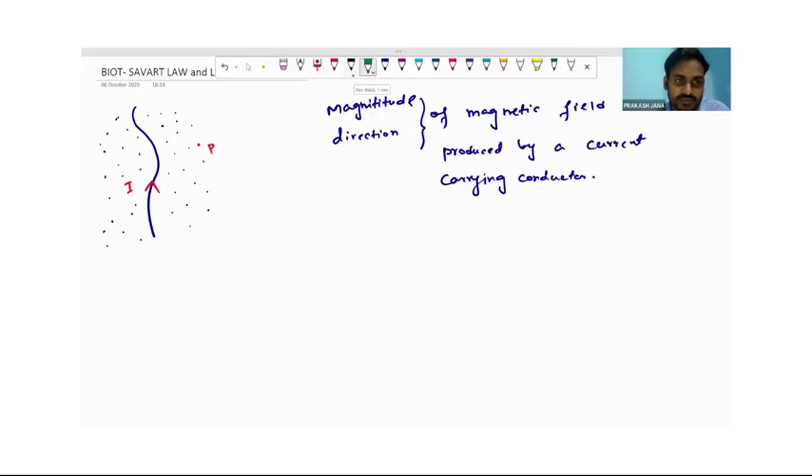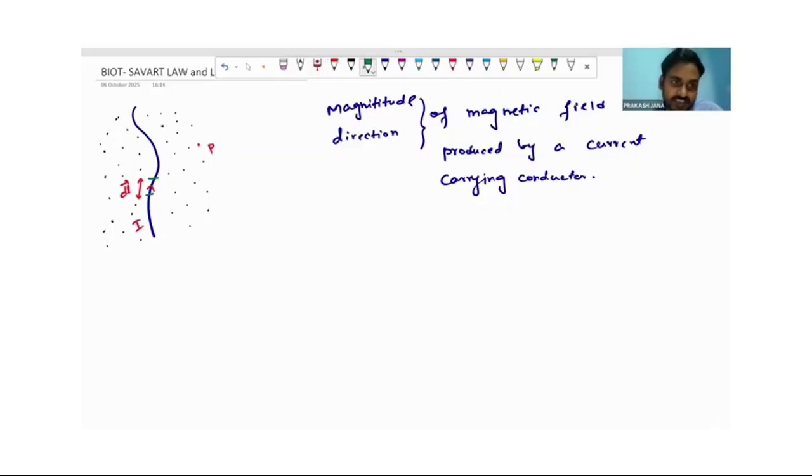The law says, suppose I take an elementary current carrying wire, an element of the conductor, and the length is dl, elementary length dl. The direction of dl is along the current through which it is flowing. The amount of current is I.